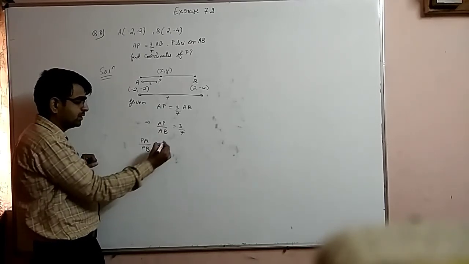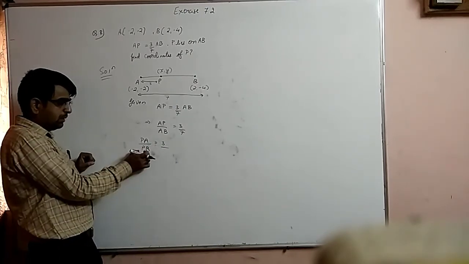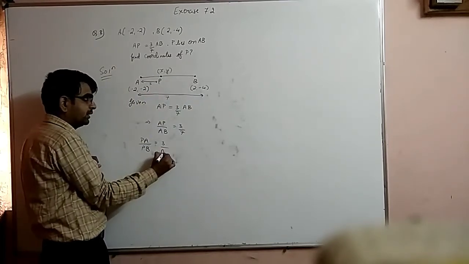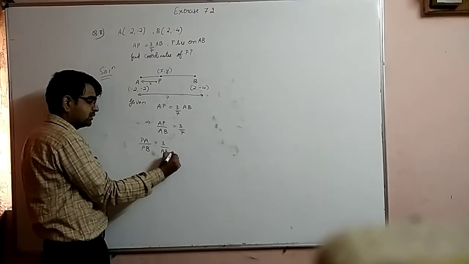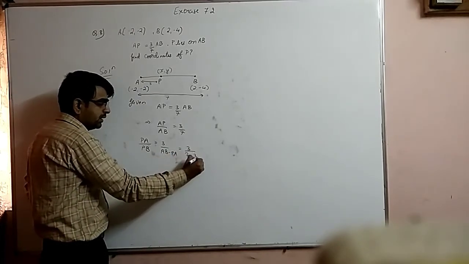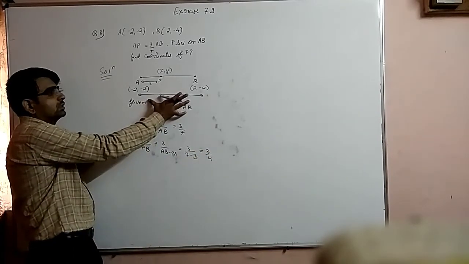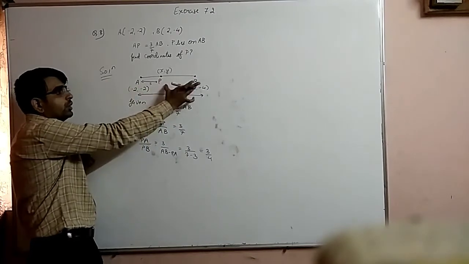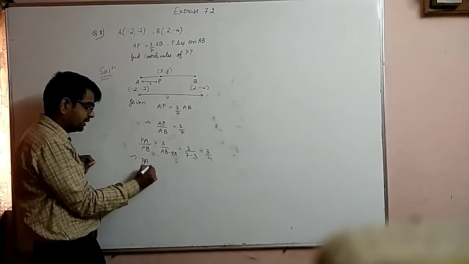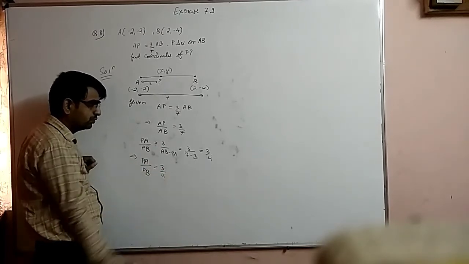I have PA, which is 3, and I need to find PB. This PB can be written as AB minus PA, which will be 7 minus 3. This complete is 7, this is 3, so I can find PB. Therefore the ratio which we have now, PA by PB, is 3:4.